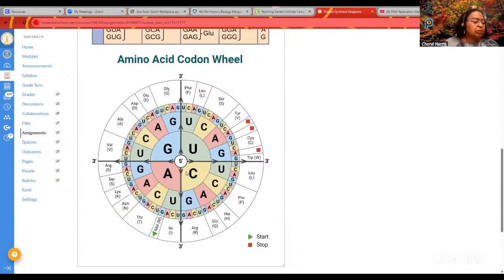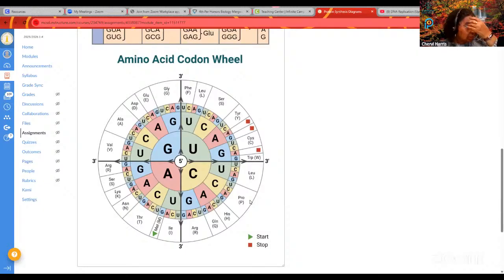That tells me everything I need is in the bottom triangle of that pie, in that C section. And then the second one is C. So I come out to the second ring and I find that C. Then I come to the third ring and I'm looking for the G. You still have 4 different letters in that third ring, and it's still going to tell me that my amino acid is proline.